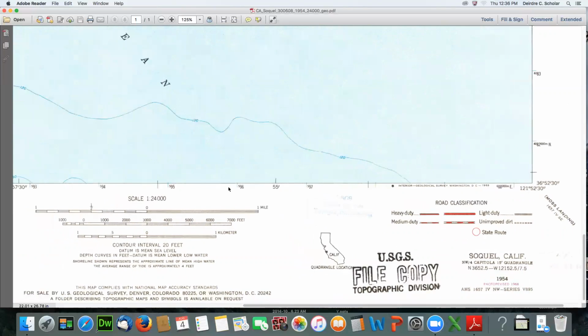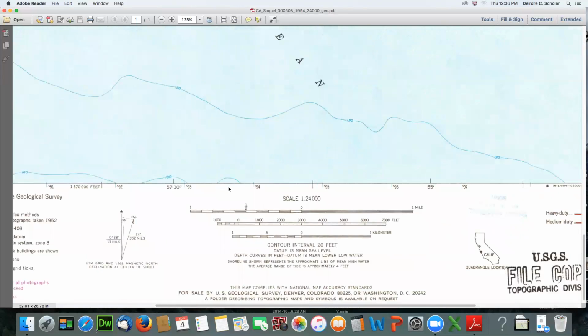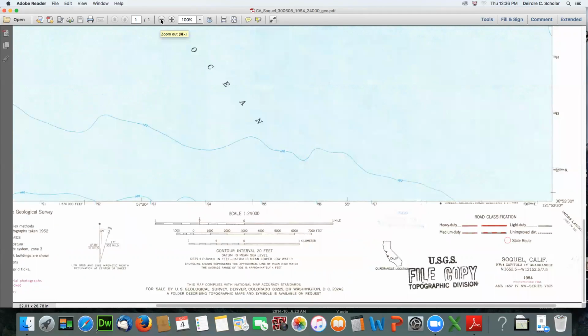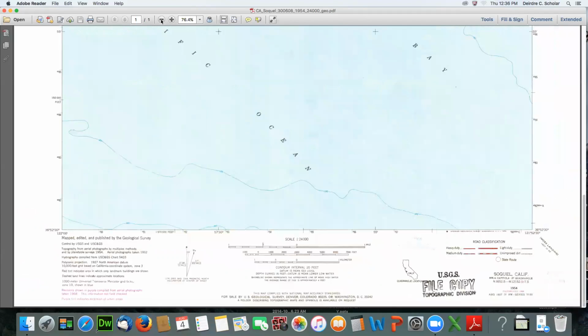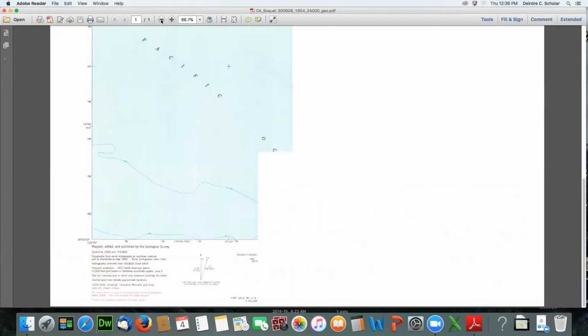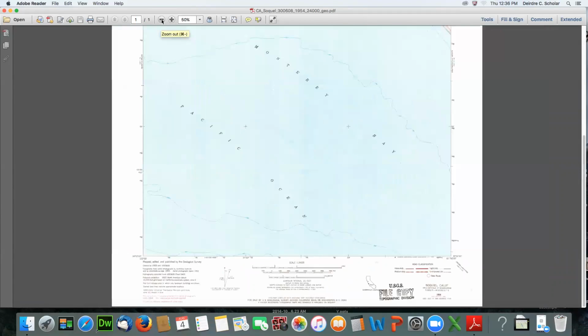And if we look to the south, we don't see any name there. So what could be going on? Why is there no map to the south? Well, let's think about this. I'm going to zoom out here so we can see what feature is on the map in this area. And it's all ocean. It's the Monterey Bay, Pacific Ocean.